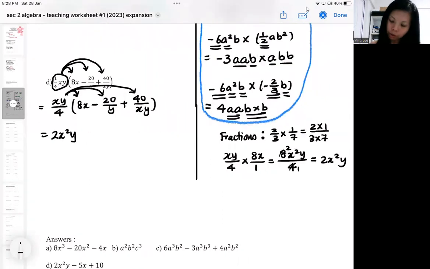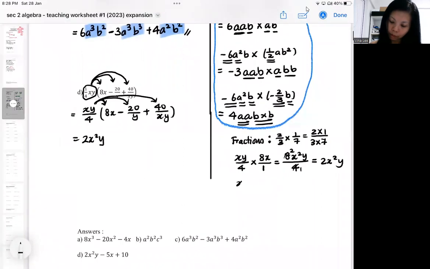The second arrow will be xy over 4 times minus 20 over y. Okay, in primary school, you did some cancellation. So it's the same thing. You can do such a cancellation like you did in primary school.